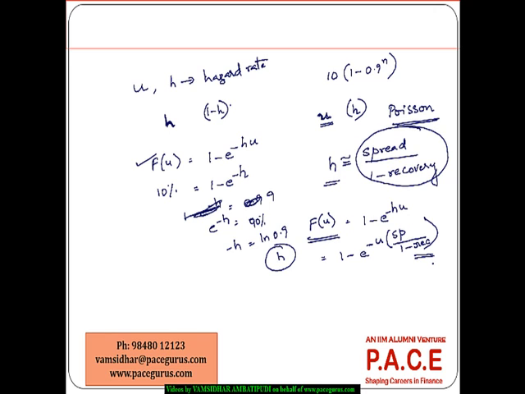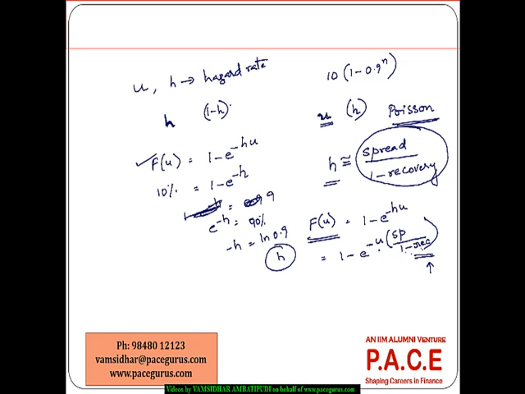So which means there is a lot of dependency on the recovery rate, which is going to influence the default probability. If the recovery rate is higher, 1 minus recovery is lower, spread by 1 minus recovery is higher, u times spread is higher, minus u times spread is lower, e to the power of minus is lower, and 1 minus this is higher.